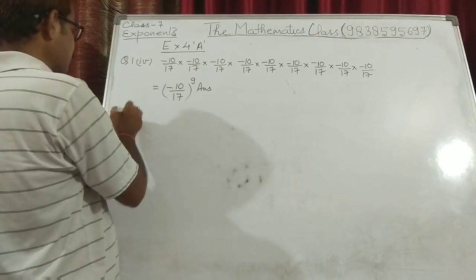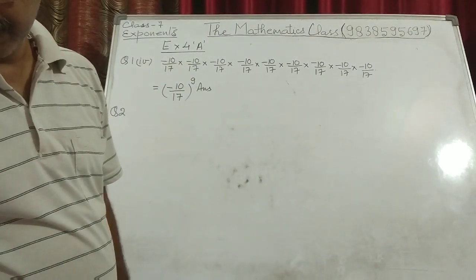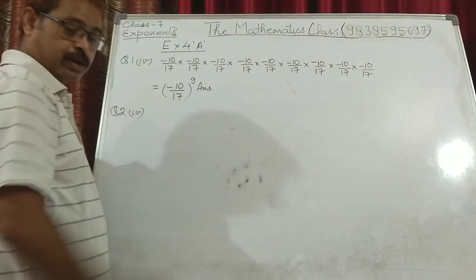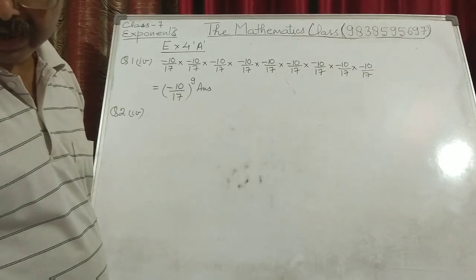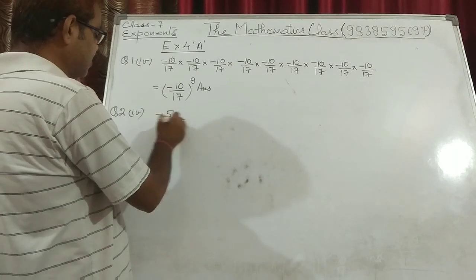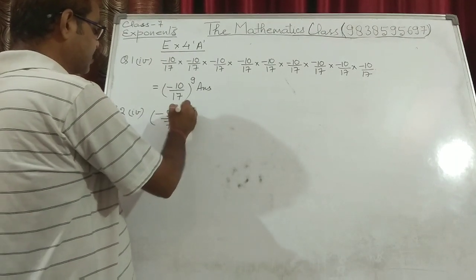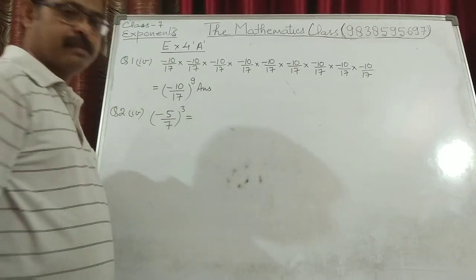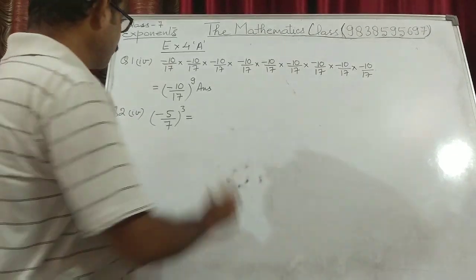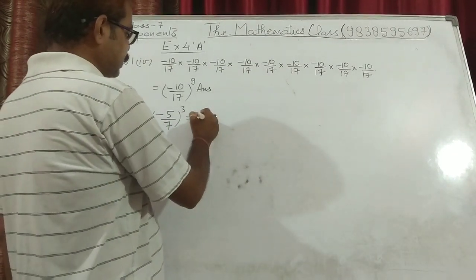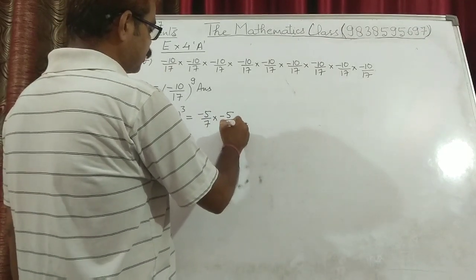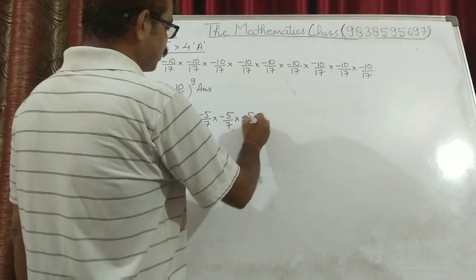Now we move on to question number 2, and let's take the fourth part. I read out the question. They say express each of the following as a number of the form P upon Q, and it is minus 5 upon 7 whole to the power 3. You have to represent it in the form of P upon Q, which means in the form of a fraction. So it means minus 5 upon 7 into minus 5 upon 7 into minus 5 upon 7.